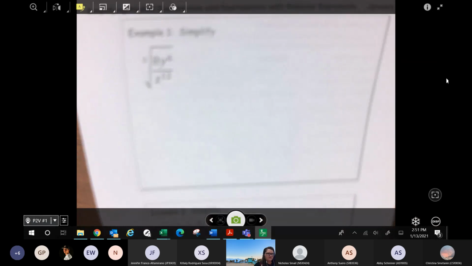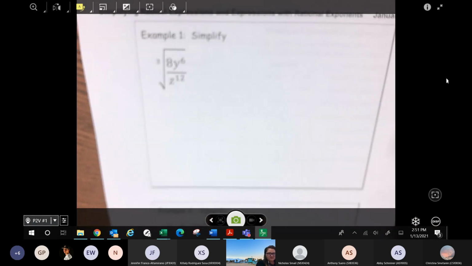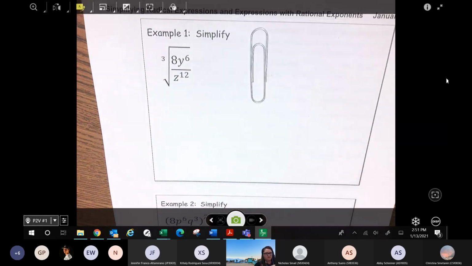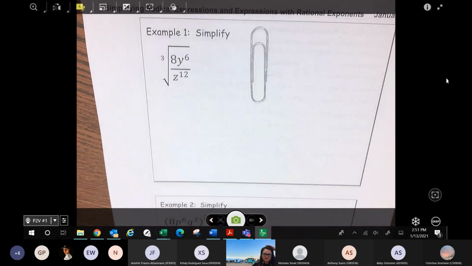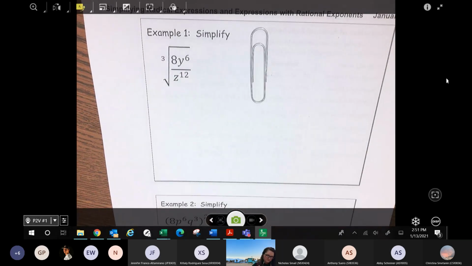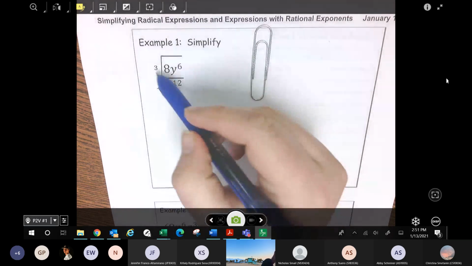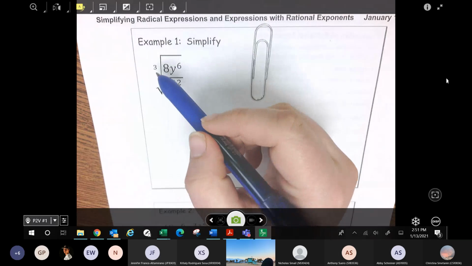So let's work from the other direction. Let's start with a radical expression and then go to a rational exponent. So let's simplify this. All right, what I would like to do is, this is in radical form.